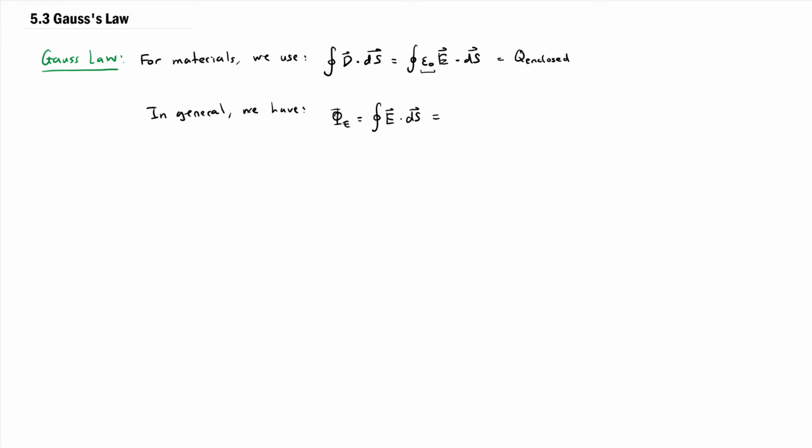And note that the epsilon naught has disappeared, but reappears as Q enclosed over epsilon naught. So this is Gauss's law.